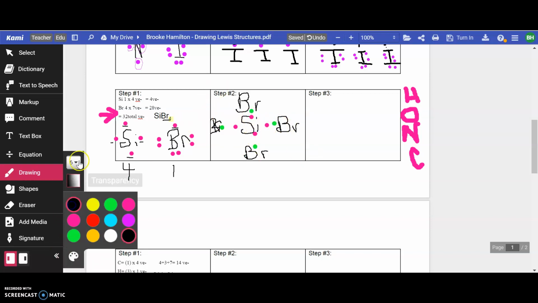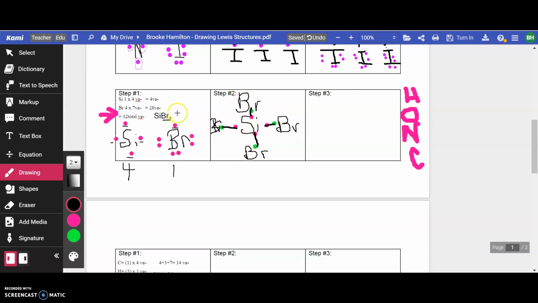All of these here will be shared between the different atoms. So we have 1, 2, 3, 4 shared pairs or bonds. These are all single bonds. And 2 electrons are in each of these bonds.